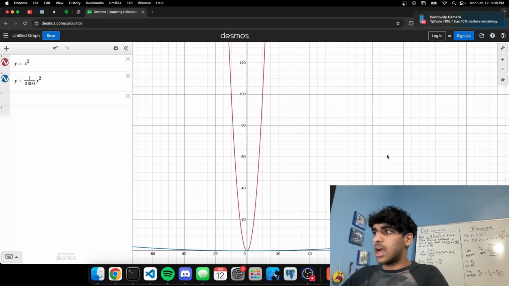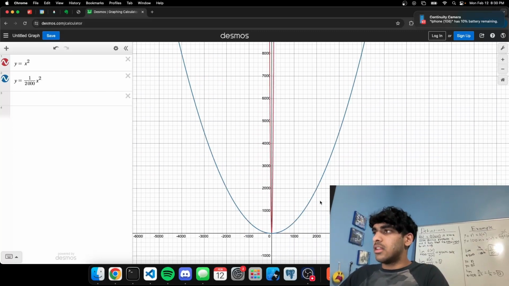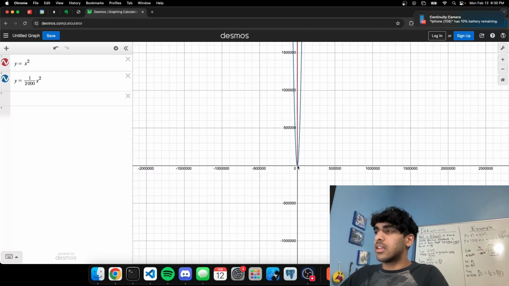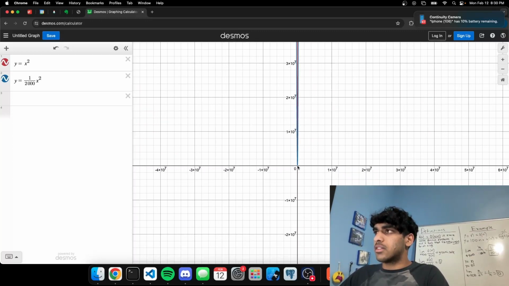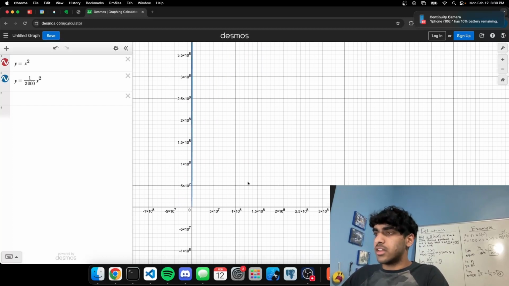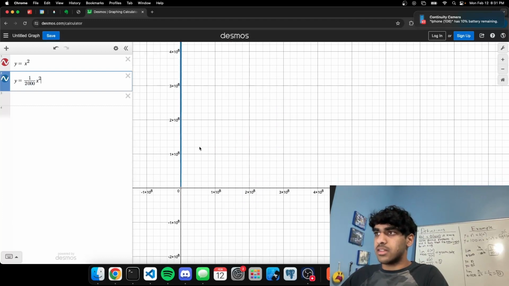But if we keep going out towards infinity, you can see that they look like they're about to come towards each other. We have to scroll out a bit, but as you can see, once we're approaching infinity, these constants do not matter. The graphs look the same. And that's how I want you to understand why constants don't affect the growth rates of a function. Thank you.